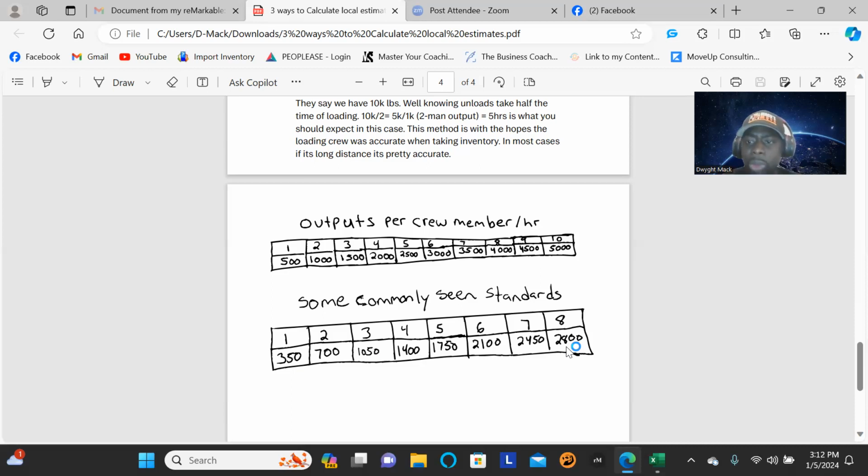What this is doing, which is slightly different, is giving you a little bit more time. Because if, let's say, it's 3,000 pounds and 2 guys, it's going to take them 3 hours. Well, in this case, it'll take them maybe 4.5 hours.